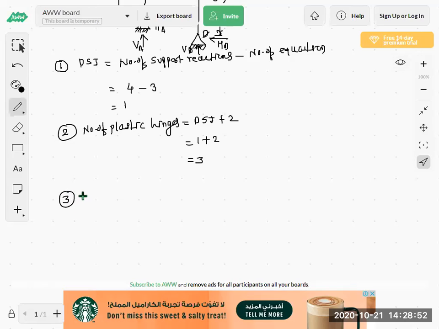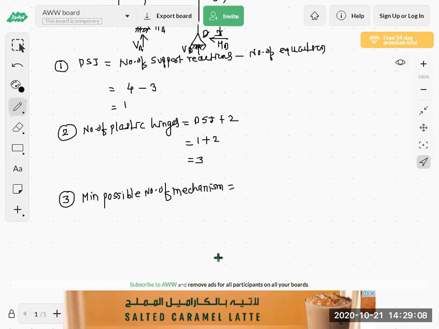Now in third, we have to calculate the minimum possible number of mechanisms.